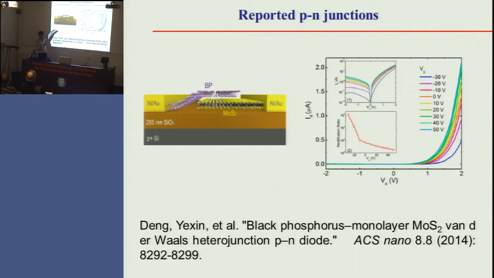The interaction between them is actually van der Waals force. So it's a very interesting and astonishing junction: they put them together and they make a PN junction. The property here shows very nice rectification. The rectification ratio, I could tell, is probably about 10 to the 4 or something like this.